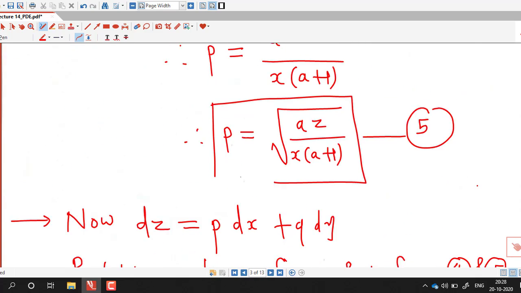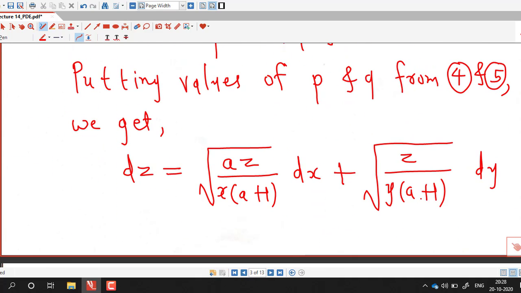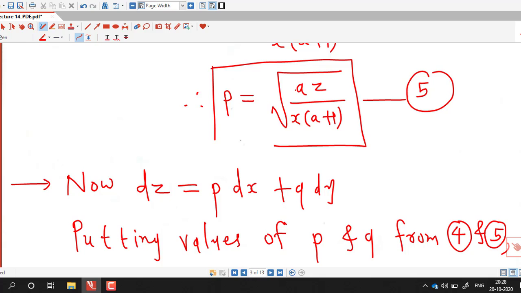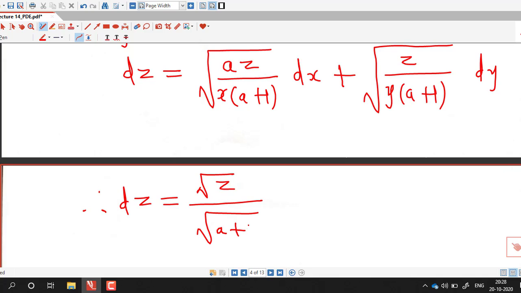Let me check again. Value of small q is z upon y into (a plus 1) in the square root, and value of small p is a z upon x into (a plus 1). So this we can rewrite as, now here we have square root of z and a plus 1 common, so that we can take outside.